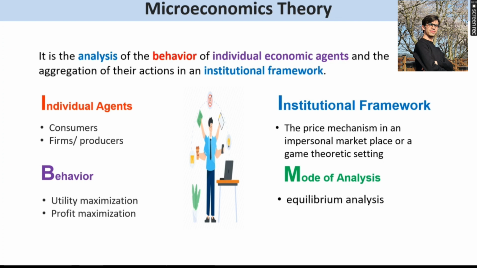Within the concepts of microeconomics theory, who are individual agents? We are mostly focusing on two agents, which are consumers, who consume the goods and services or the output or product that have been produced by the firms or producers.